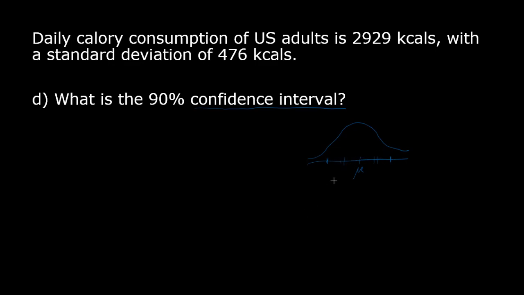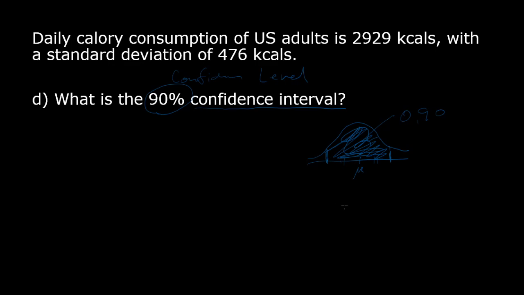Okay. For confidence intervals, they should always be given the confidence level, and this level is given as 90%. That means the area captured inside the confidence interval has to be 0.90. That's what we want.